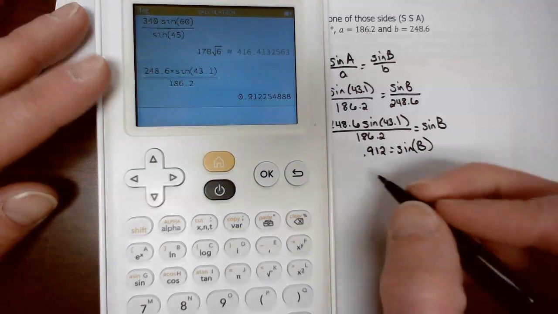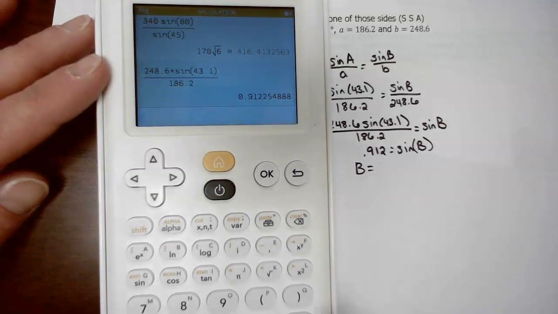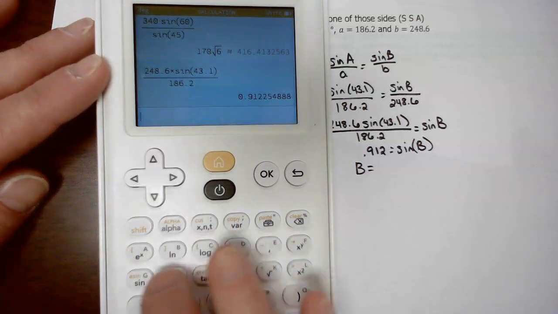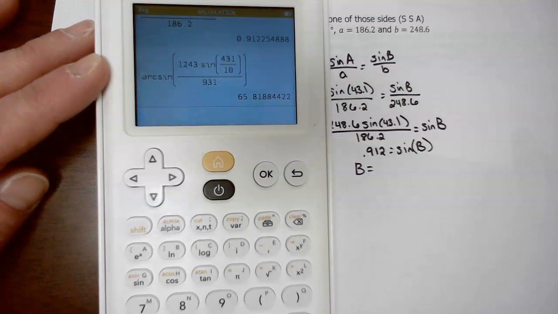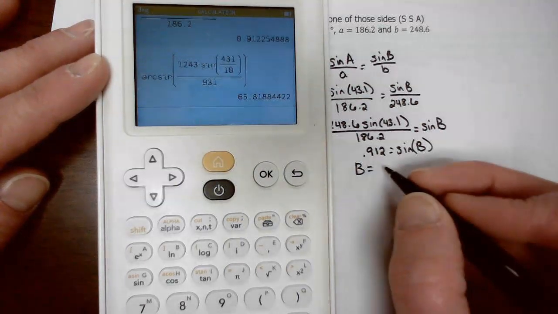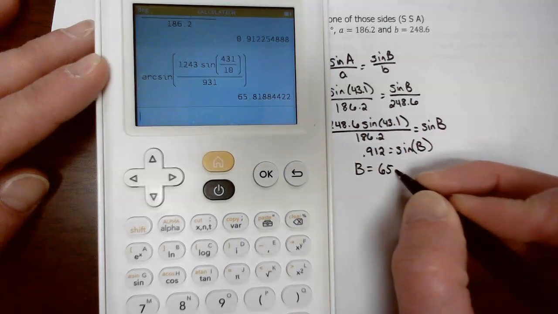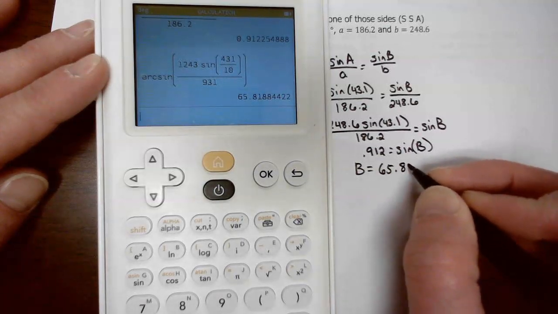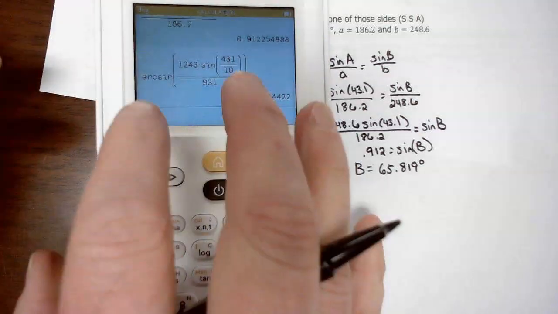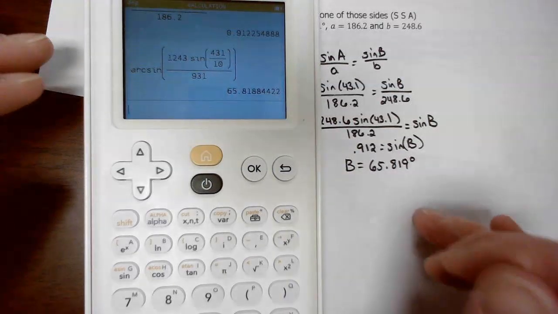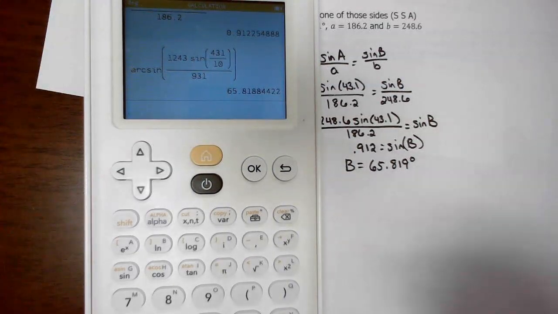So this is when I'm going to use the arc. So shift sine, and you can just press answer and it'll use the last answer. And that gives me 65.819. So we're using angle B as an acute angle.